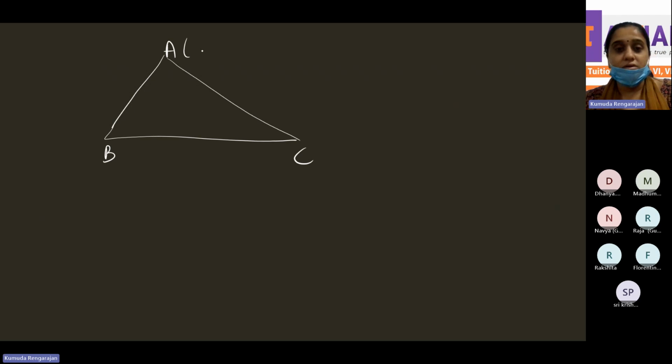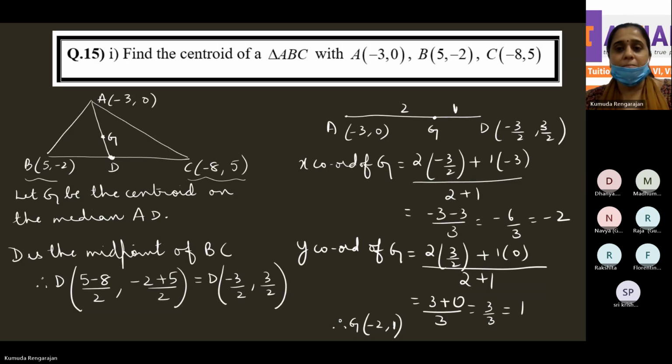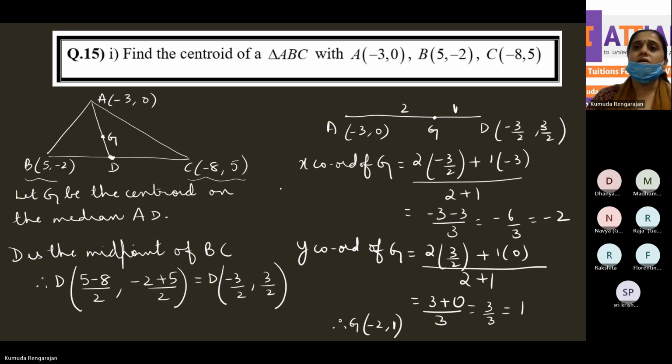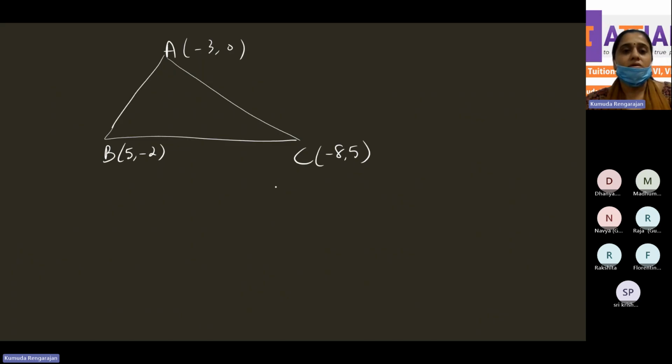Same question. Coordinates of A (-3, 0), B (5, -2), C (-8, 5). Now x1, y1, x2, y2, x3, y3, in any order.